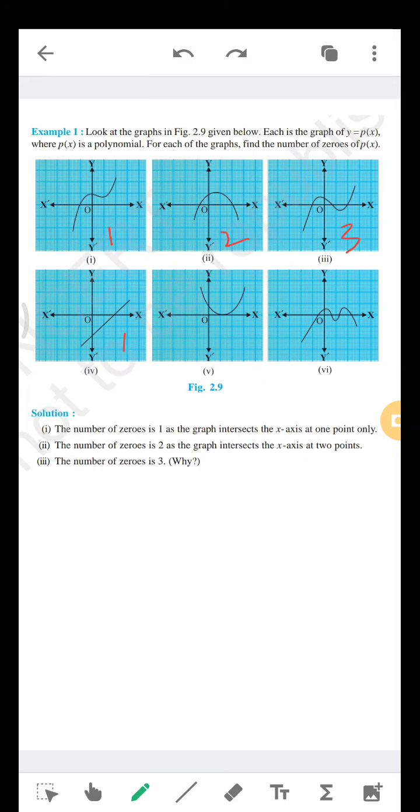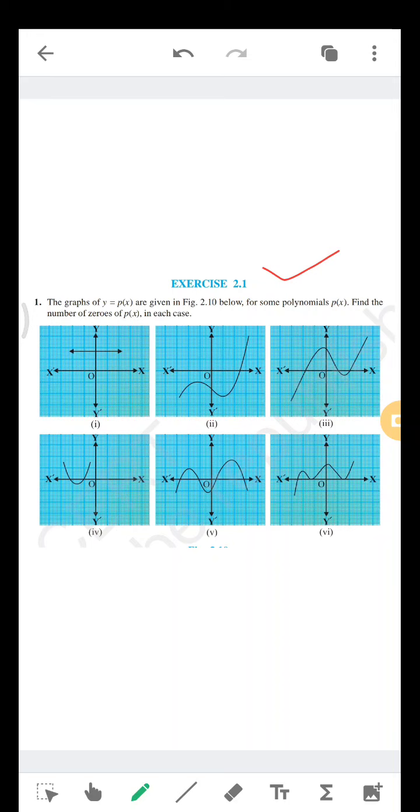You have a similar exercise, that is 2.1. So let's begin with this now. At how many points is this meeting the x-axis? Is the curve or line meeting the x-axis at any point? No. So it has no zero. Okay. At how many points is this meeting the x-axis? 1 point. So 1 zero. Here it is meeting at 1, 2, 3. So 3 zeros.